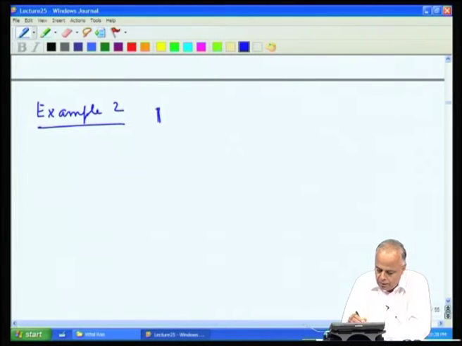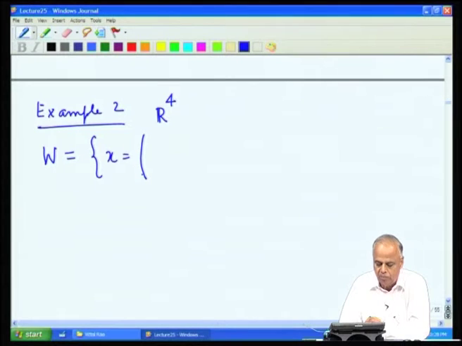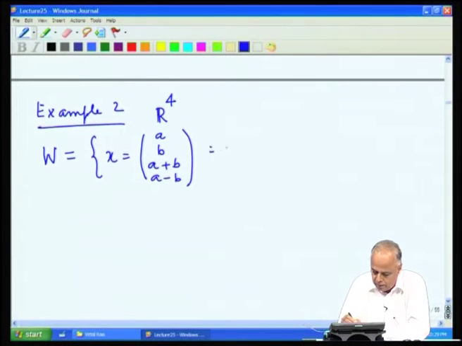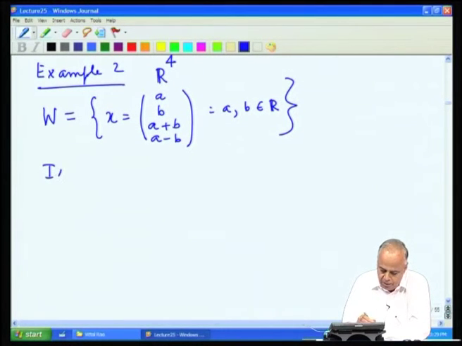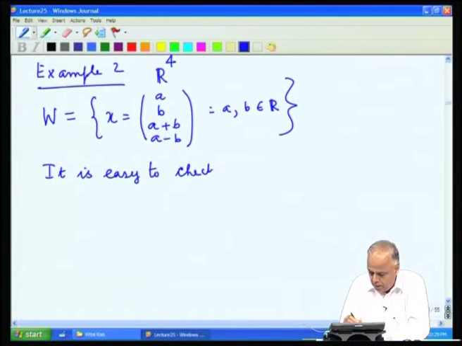Let us again consider R4, a slightly bigger dimensional space than before, and now consider the subspace W, which consists of all those vectors of the form (a, b, a plus b, a minus b), where a, b are in R. Once again it is easy to check that W is a subspace of R4.